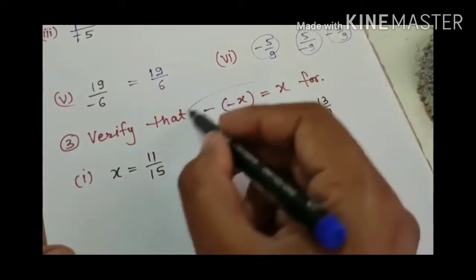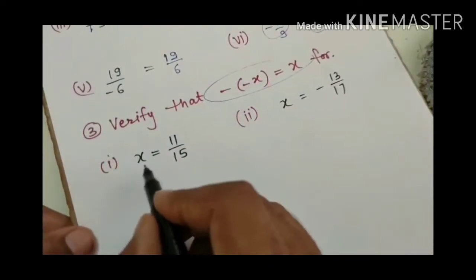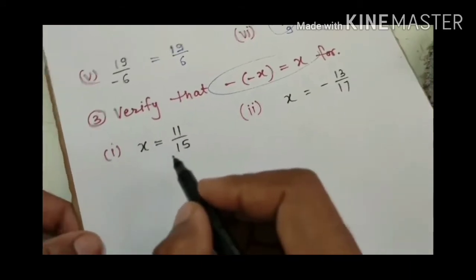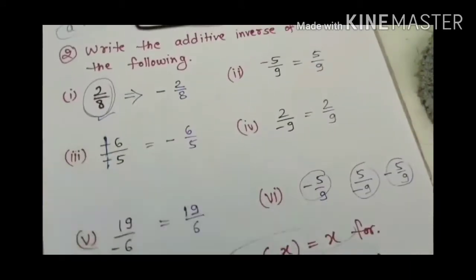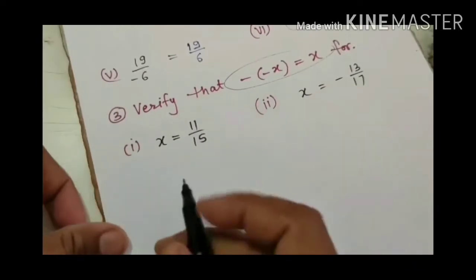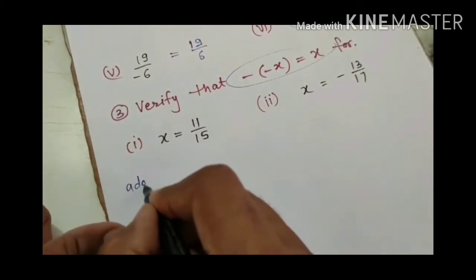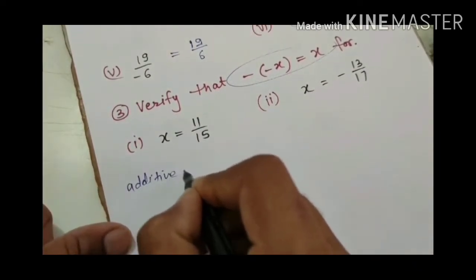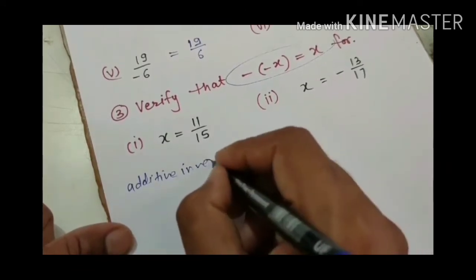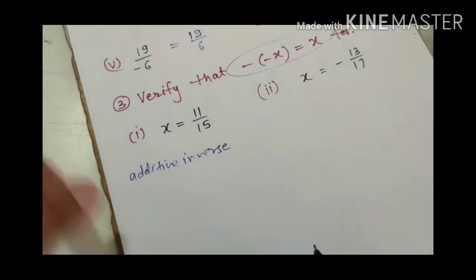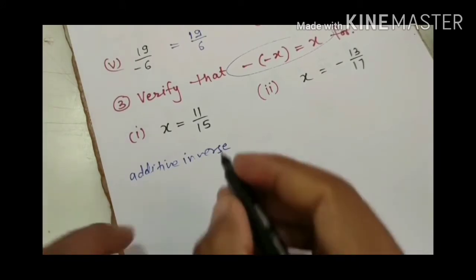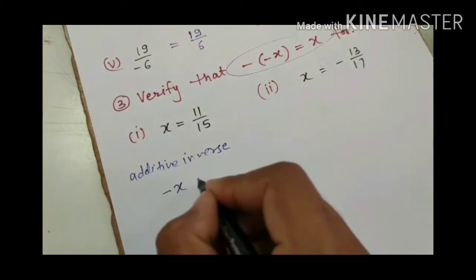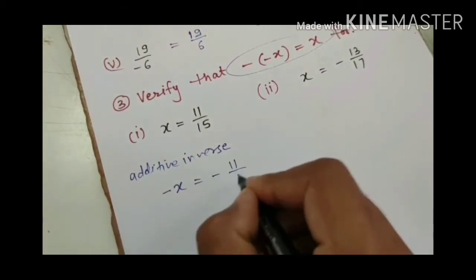Verify that minus of minus x is equal to x. So x is given, so whatever number is given here, we have to put the value there. What does it mean? We have to find the additive inverse of x. So now x is given here, as it is, put the value there.